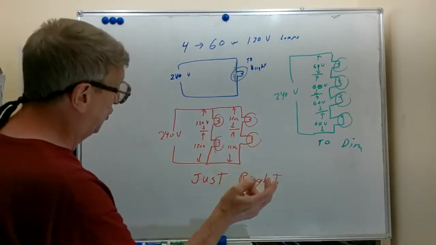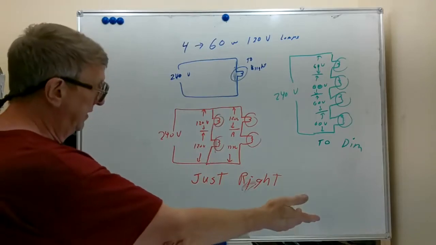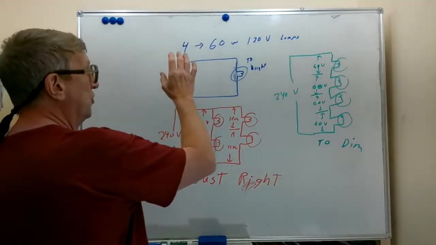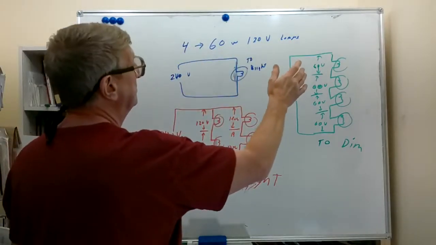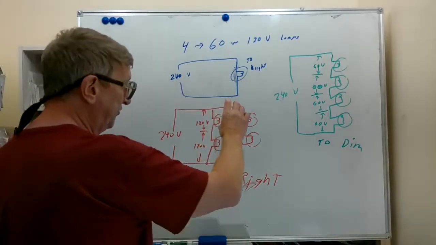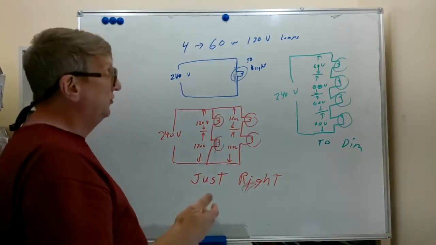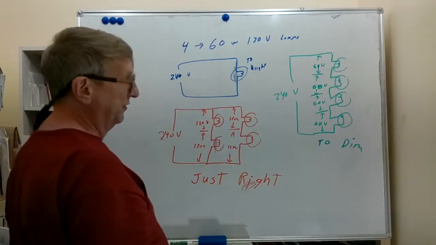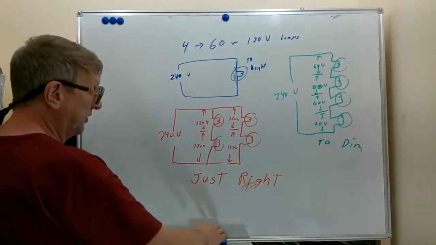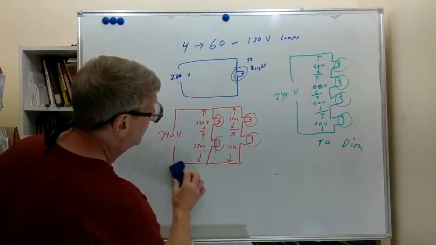Nobody has excess voltage or too little voltage, and they're running very fine. Our four 60 watt 120 volt lamps are running off a 240 volt supply. They're each producing the 60 watts they're supposed to. We're getting a total of 240 watts from those lamps, and it's working just perfectly. It's just right.